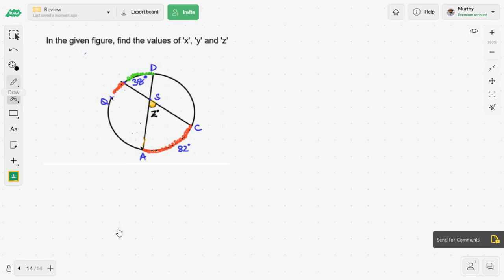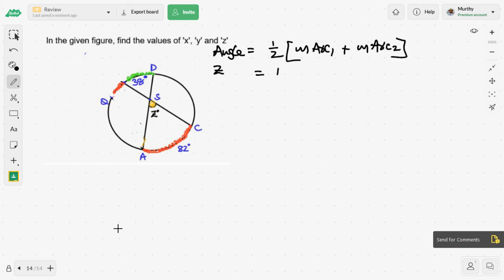I see that angle Z is inside, right? Therefore, I hope you remember that if the angle is inside, it is half the measure of arc 1 plus measure of arc 2. While adding, you can take them in any order.